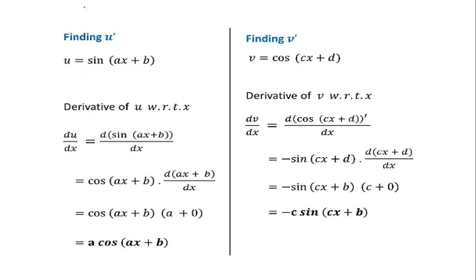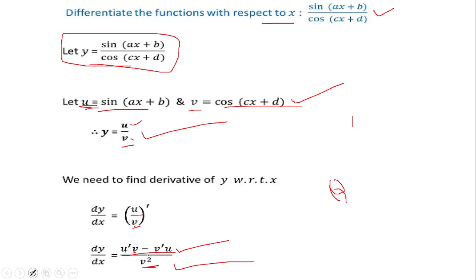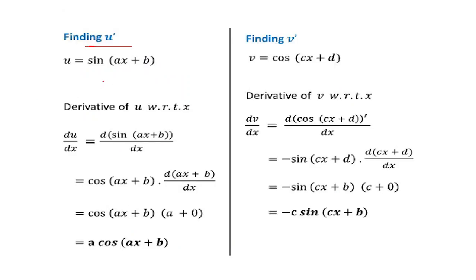Next, here you can see I need to find u dash. How to find u dash? In this formula I need to substitute u dash and v dash, so I am separately differentiating this. Sine of ax plus b with respect to x. Sine differentiation is cos.